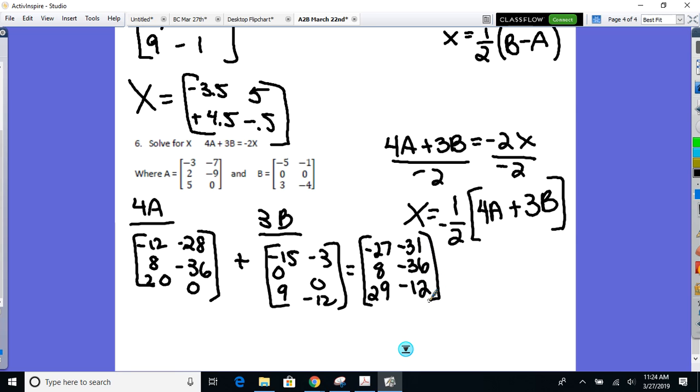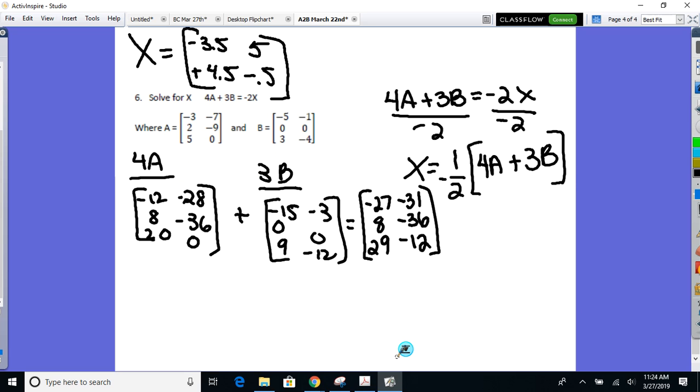And then multiply all those by -1/2, remember?